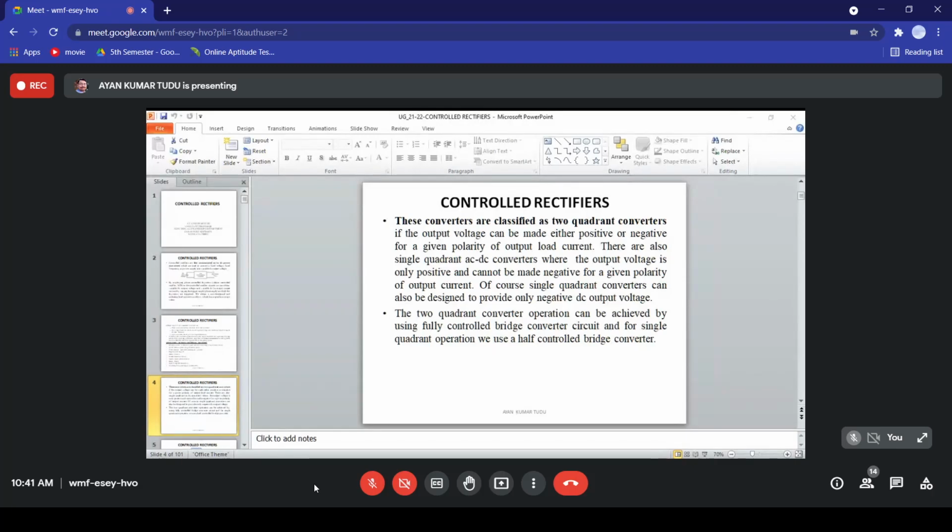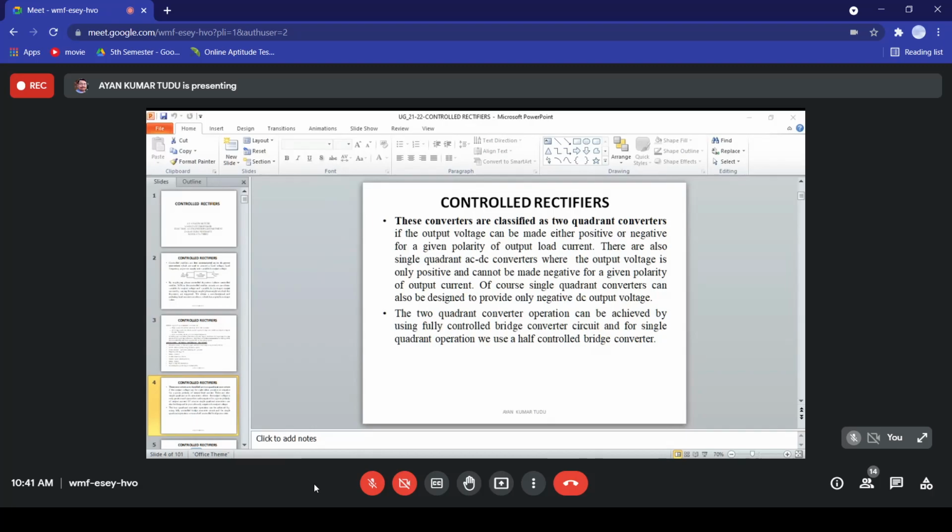There are also single quadrant AC to DC converters, where the output voltage has only one value, that is positive. So the output voltage is only positive and cannot be made negative for a given polarity of output current. Single quadrant converters can also be designed to provide only negative DC output voltage.